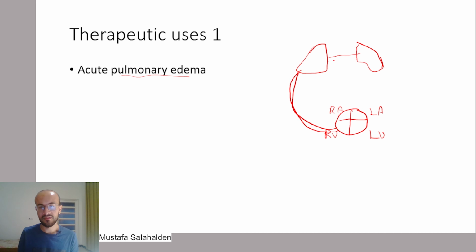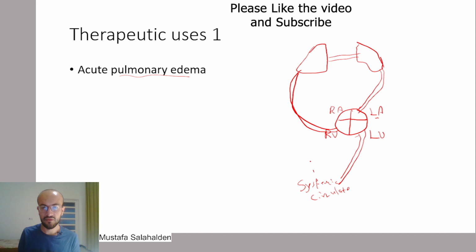One will go also to the other lung, and it would come back as the pulmonary veins into the left atrium here. We also have the aorta, which comes from the left ventricle and goes into the systemic circulation, and comes back into the right atrium here.